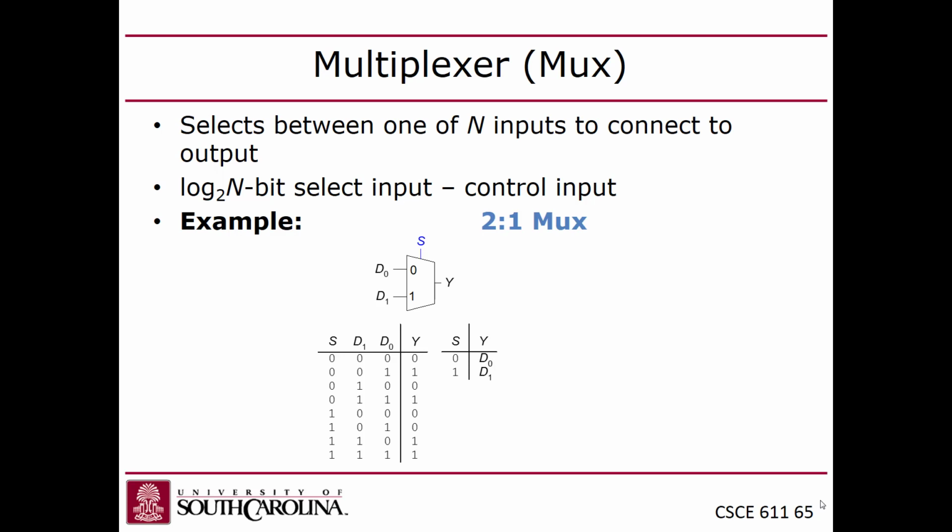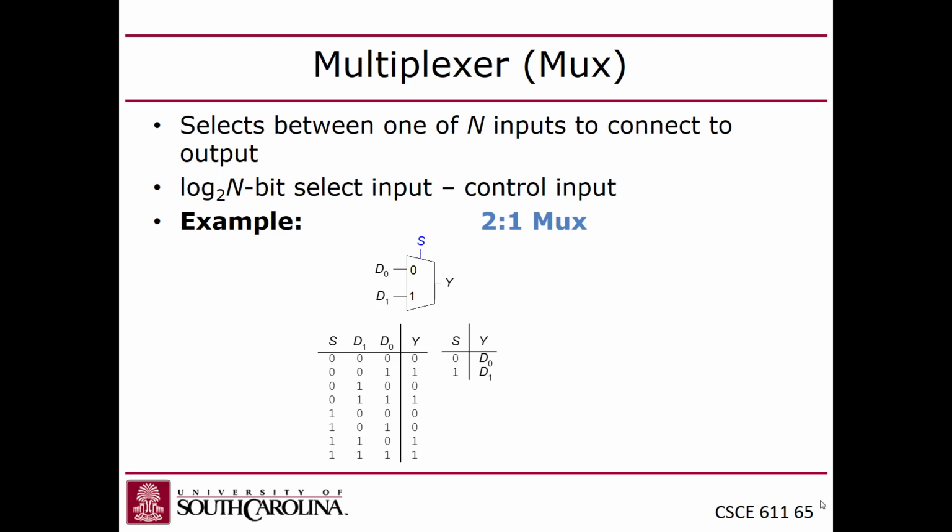Like so, in this case, you've got a 0 input and a 1 input. So if the select is 0, I want to short D0 to Y. And if the select is 1, I want to short D1 to Y. Make sense? So the select is kind of an address. You think of it like an address where you're addressing one of the inputs. So only one of the inputs can be connected to the output.